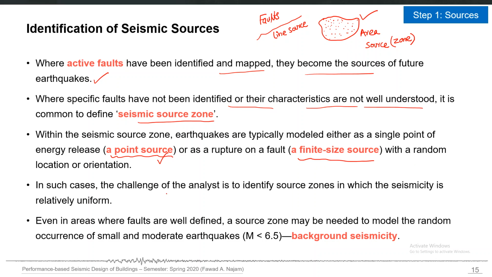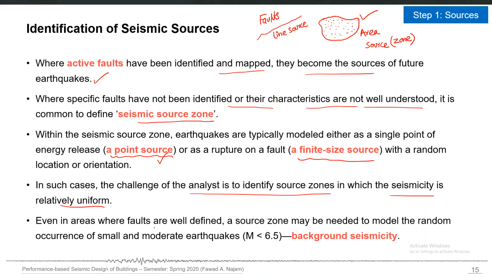In such cases, the challenge of the analyst is to identify source zones in which the seismicity is relatively uniform. So given a particular study area and the historical data or instrumental data as well, the challenge is to identify and delineate the source zones, and then use them as the source of future earthquakes and to predict or forecast the level of seismicity expected in future.